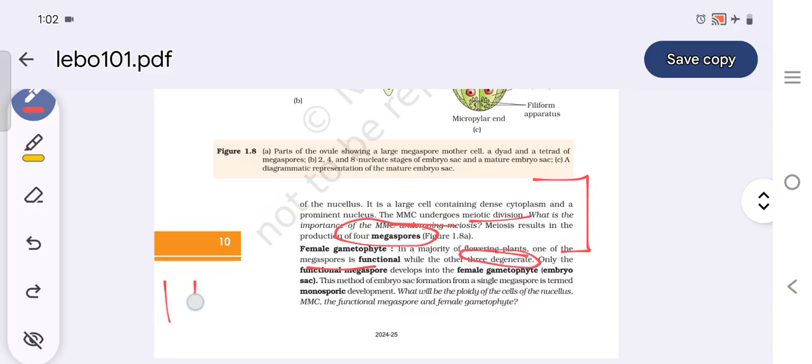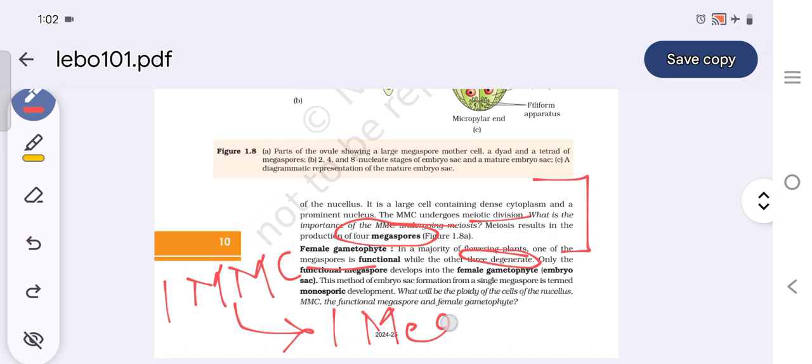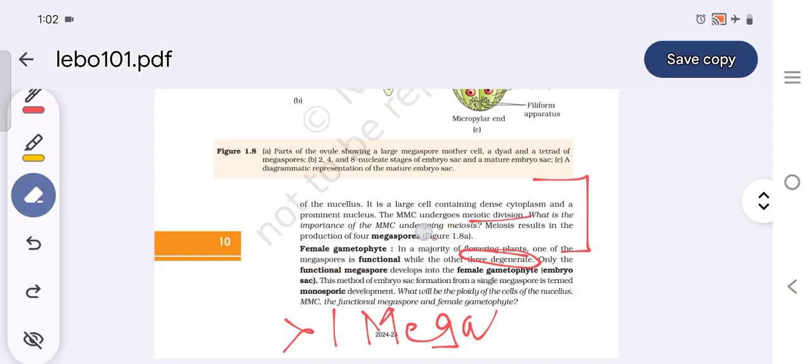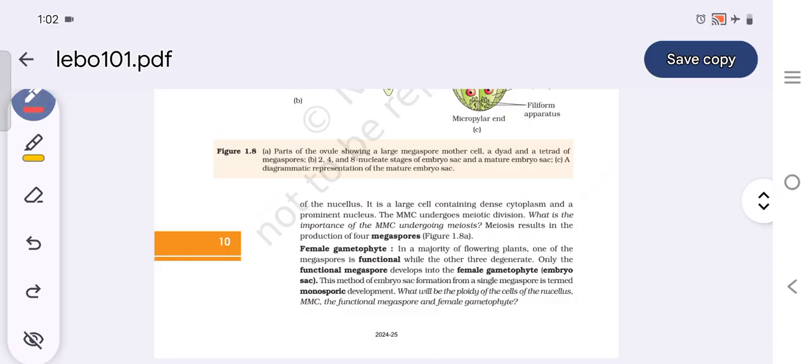That is, 1 megaspore mother cell would give rise to 1 functional megaspore. Only one is functional, the other 3 degenerate. So please don't take it wrong. Every microspore mother cell and megaspore mother cell undergoes meiotic division and gives rise to 4 spores. However, out of these, 3 degenerate in megasporogenesis.